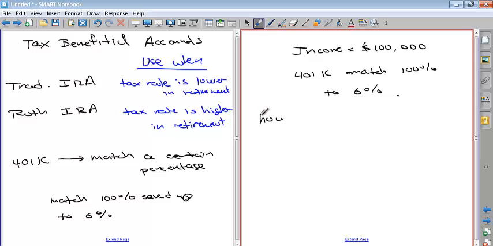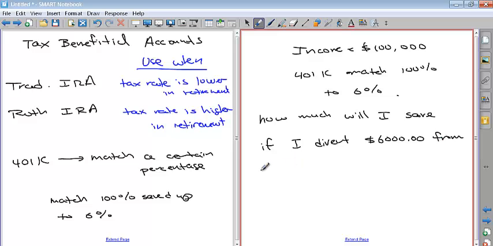How much will I save if I divert $6,000 from my salary each year?